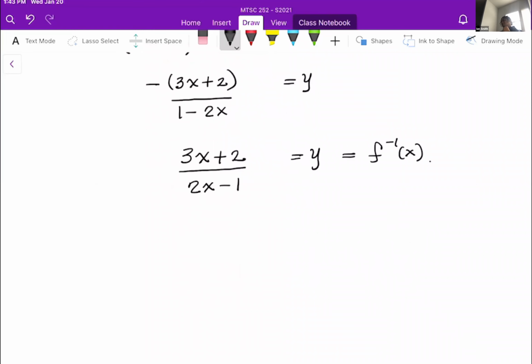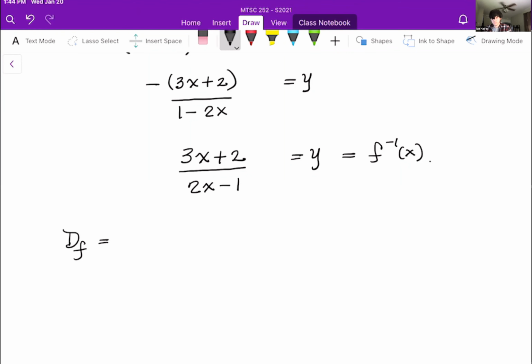What's the domain? Let's write it in interval form. What's the only thing that can't go in there? Positive 1/2.